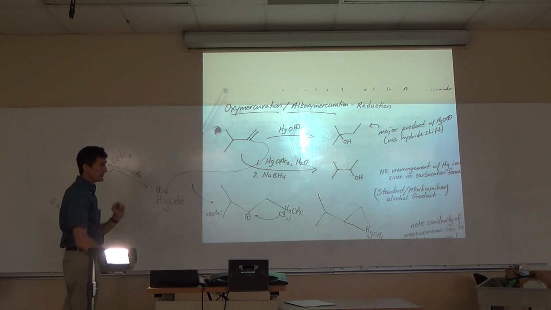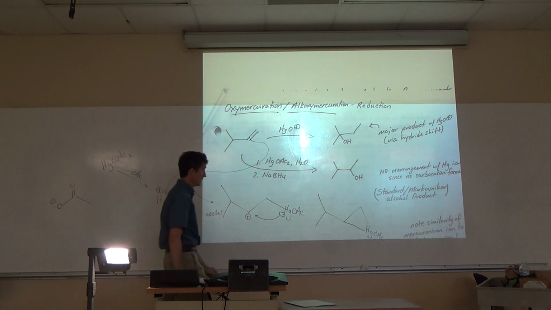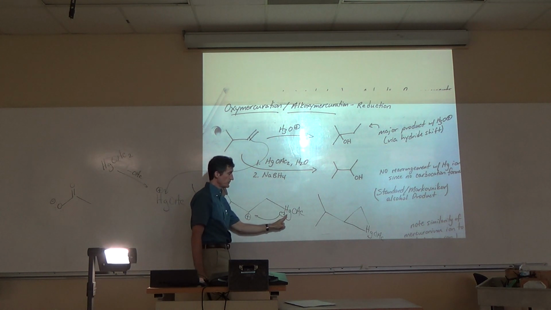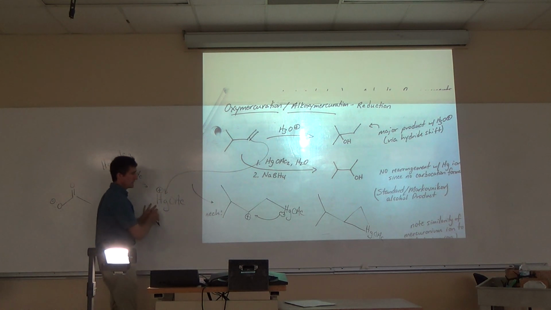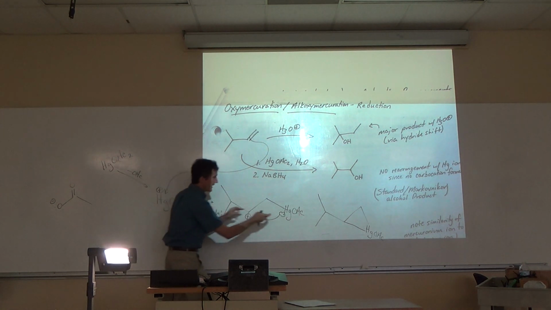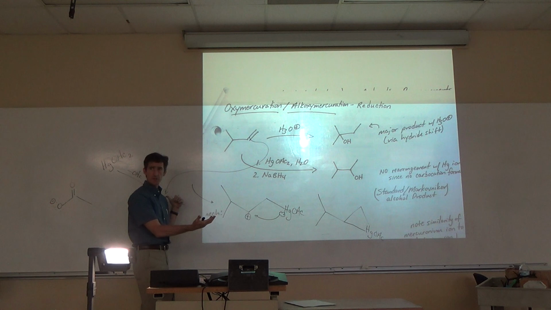What's the charge of the mercury now? What was the charge of the mercury here? The alkene attacked it, it's plus here, but then it bonded, so now it owns one more electron. So if it's plus and it gains an electron, it should be neutral.